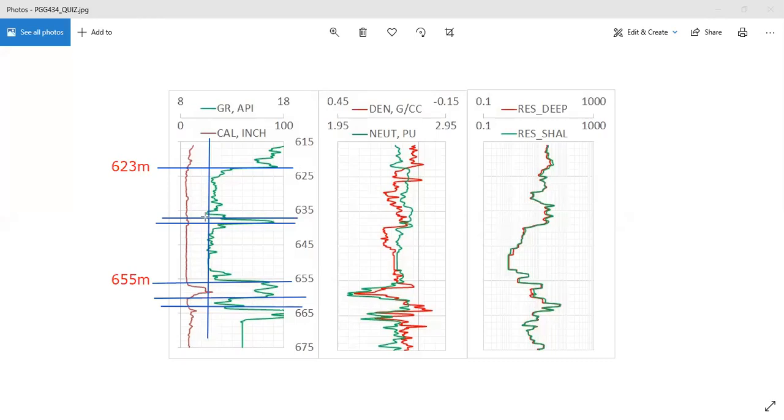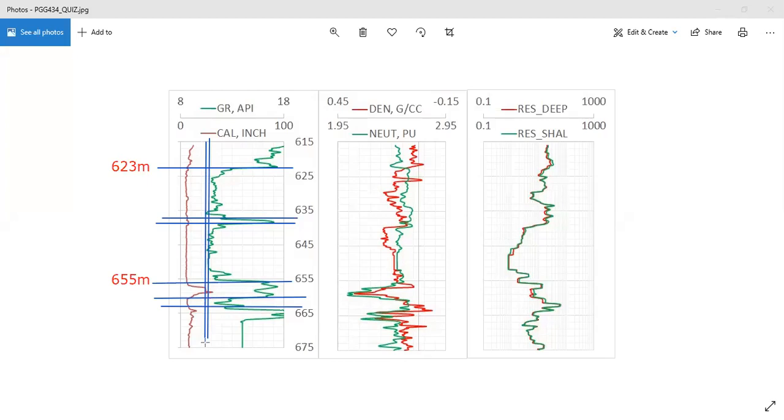Note I intentionally didn't use this. There's a spike at 634. Even if you put your line using this maximum here, it will still take the gamma ray value to about 25, 26, 27. I made allowance for that in my test.